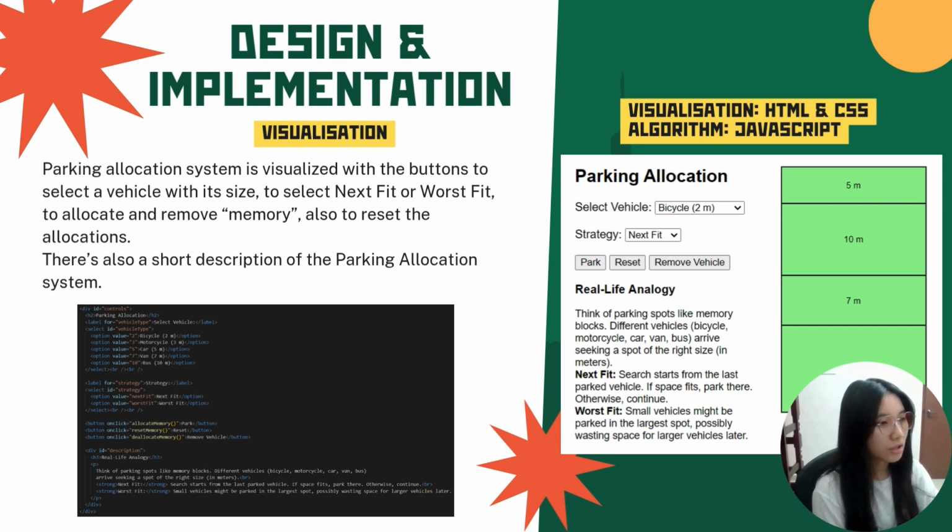We also have short descriptions of next fit and worst fit. Next fit search will start from the last parked vehicle. If the space fits, then we will park the vehicle there. If not, the search will continue. For worst fit, small vehicles might be parked in a larger spot, thus wasting space for larger vehicles that arrive later.